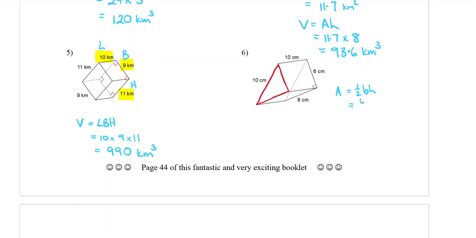Very good. Half times 8 times 6, which equals 24 centimetres squared. Okay, then for the volume, V equals AH. My area was 24. What is the height of my prism? It is the 10. Yes, good. 24 times 10, which is 240 centimetres cubed.